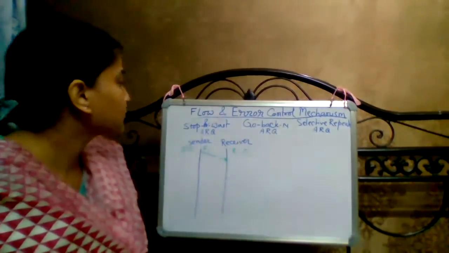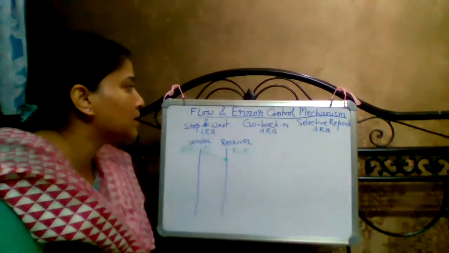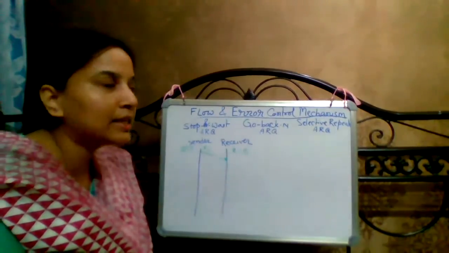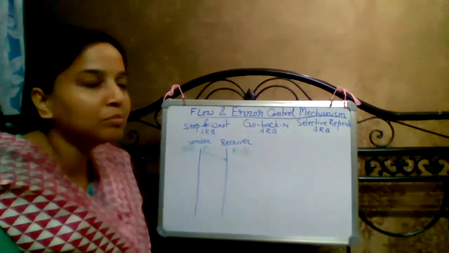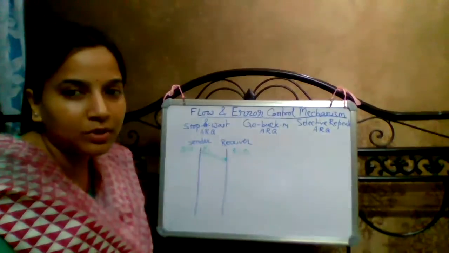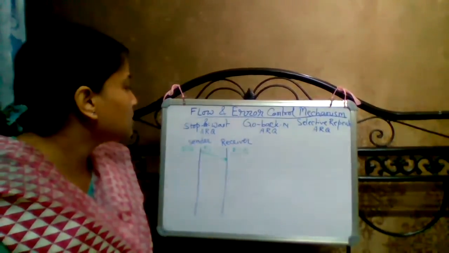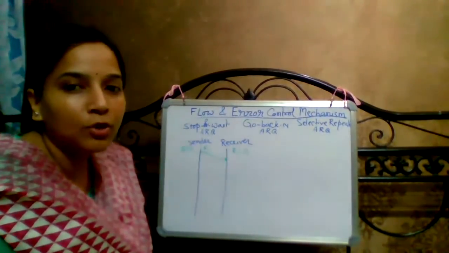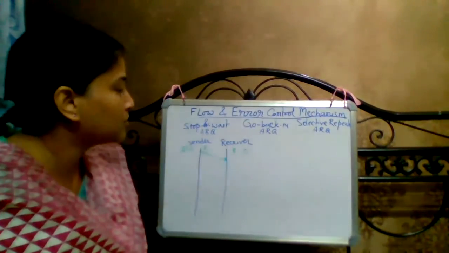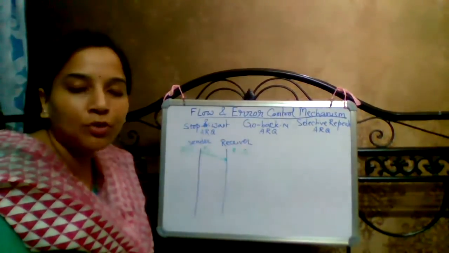Now, in the practical approach there are bidirectional transmissions. Bidirectional means the full duplex method. What is the full duplex method?